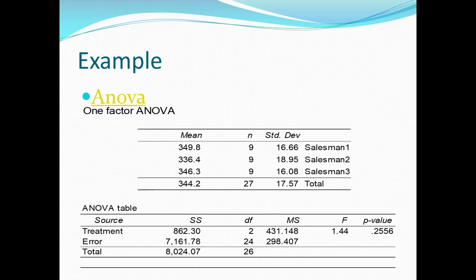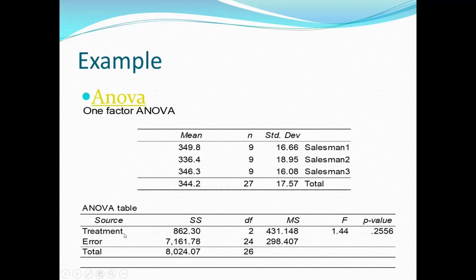In a month, their mean sales. The first salesman, 9 months sales. So N is 9 for the first salesman. His mean sales is 349.8. For the second salesman, again 9 months are there. His sales is only 336.4. Third salesman, his sales is 346.